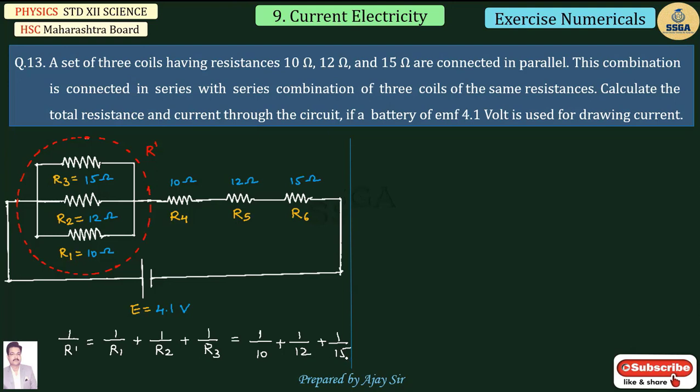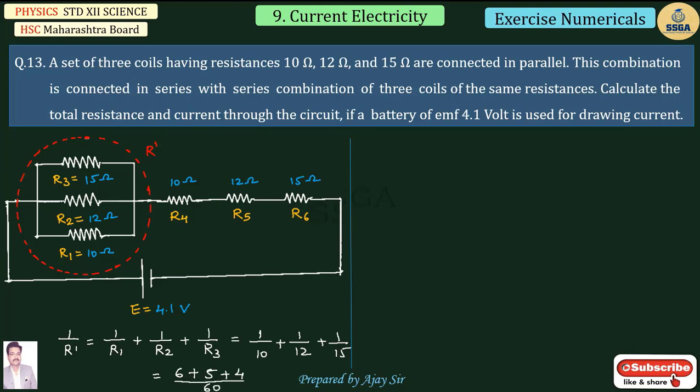The LCM is 60. So the first term multiplied by 6 becomes 6 upon 60, the second term multiplied by 5 becomes 5 upon 60, and the third term multiplied by 4 becomes 4 upon 60. The denominator is the same.